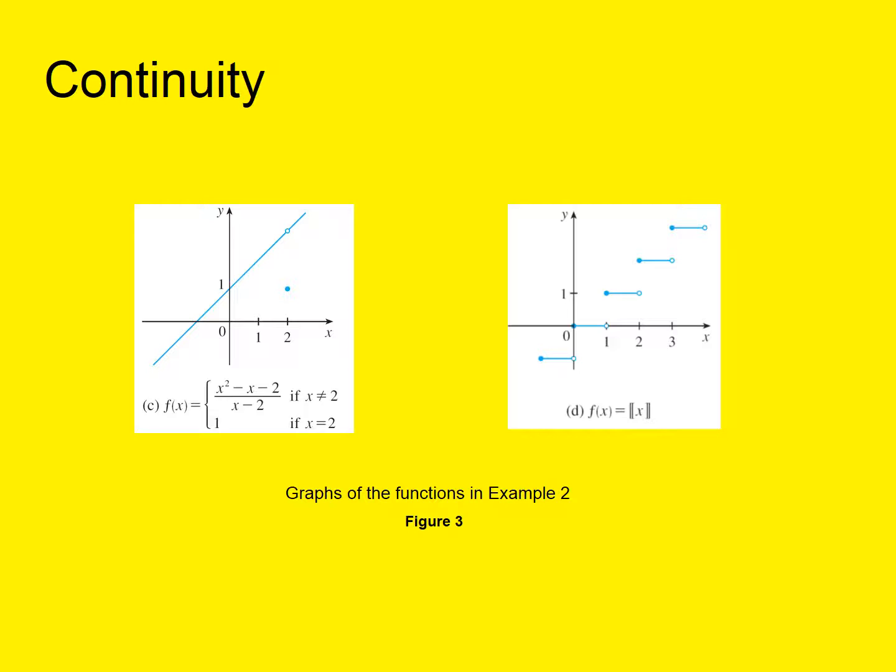And in C, there is a discontinuity at x equals 2, because the limit as x approaches 2 of f of x, which is 3, is not the same as f of 2, which is 1. So we're missing the equal part of the definition of continuity, even though the other two parts were okay.